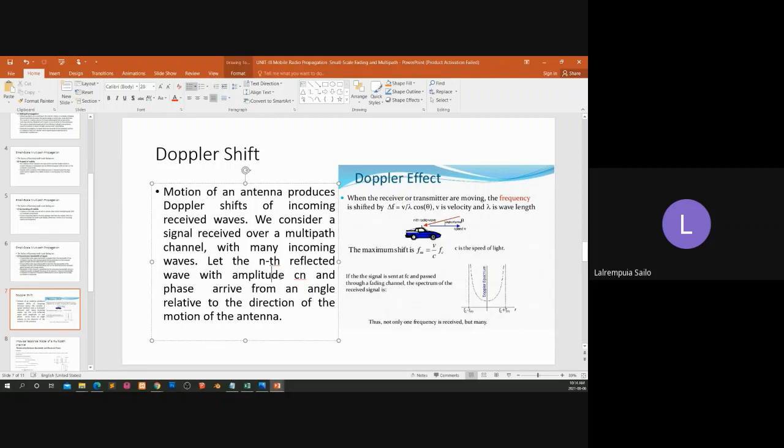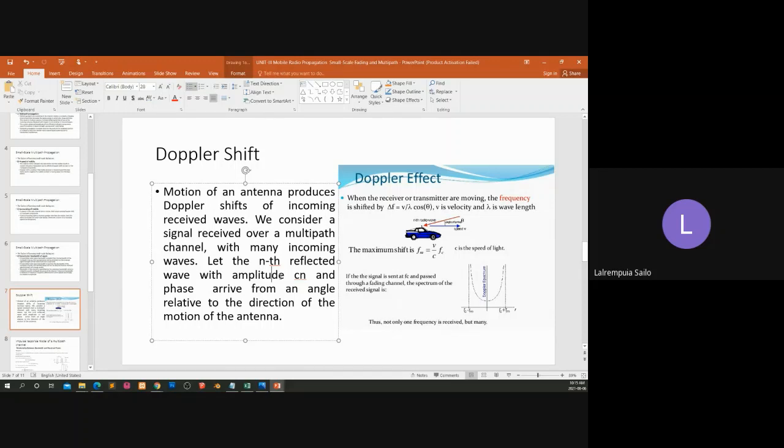The maximum shift is f_m equal to v divided by c, where c is the speed of light and v is the moving speed of an object, maybe a car, a mobile phone, or a bike.